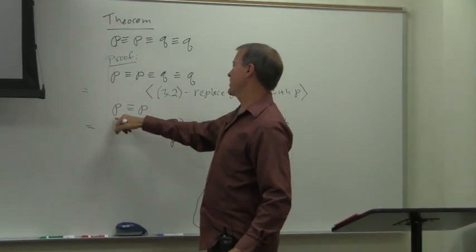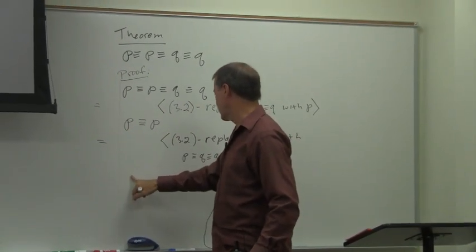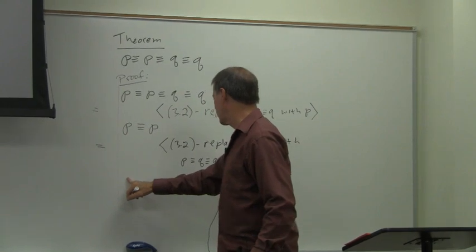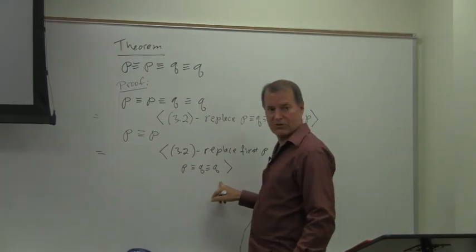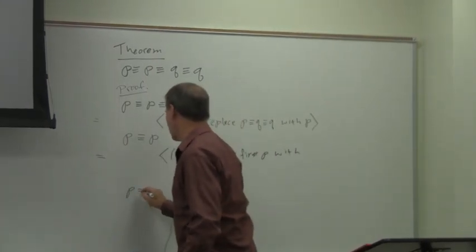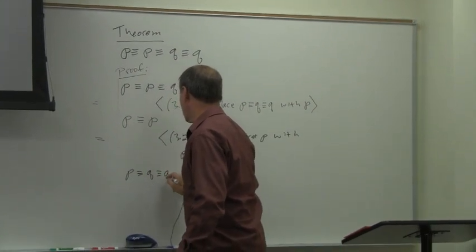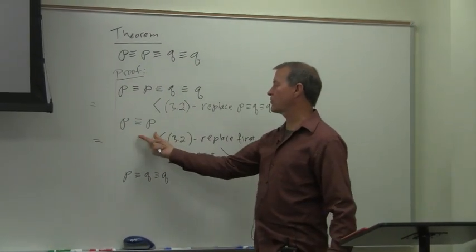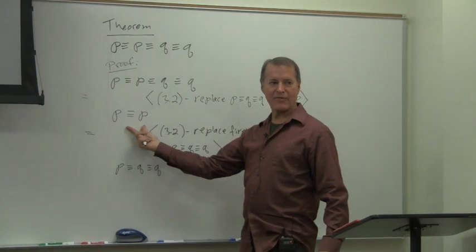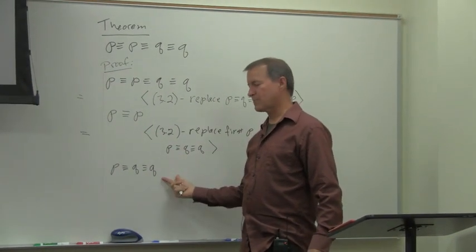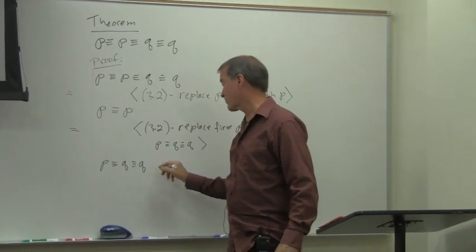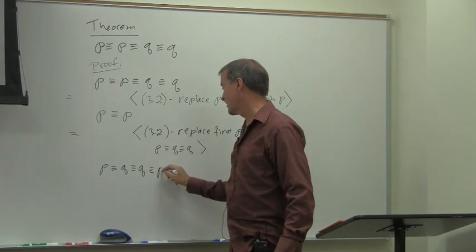When we bring this one down, how do we write this P now? Q equals Q. Okay, so this is P equals Q equals Q. But now we still have to bring down this equals P, equals. We have to bring this down here, right?